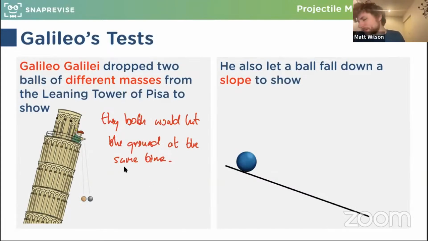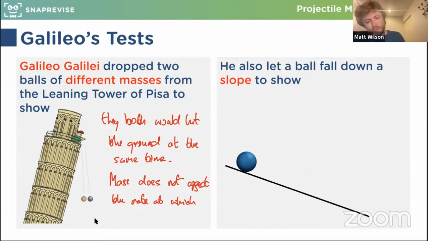So in the absence of air resistance, mass does not affect the rate at which an object falls under gravity.